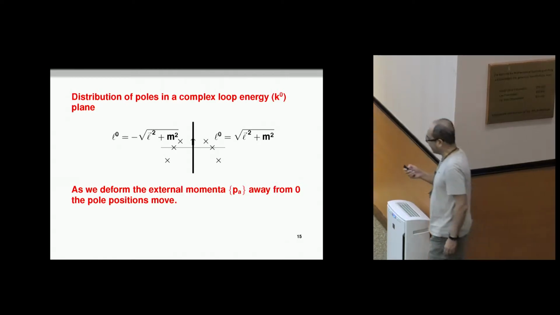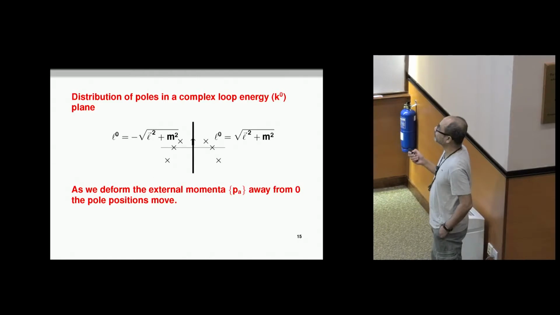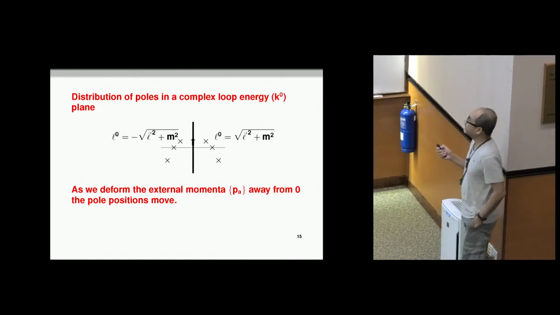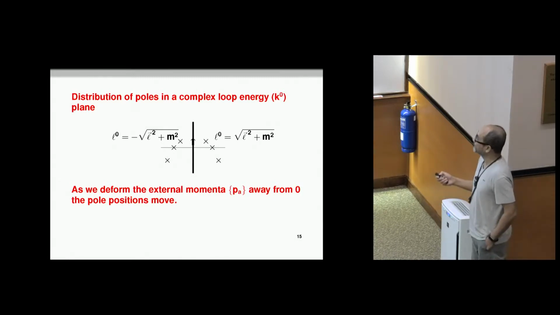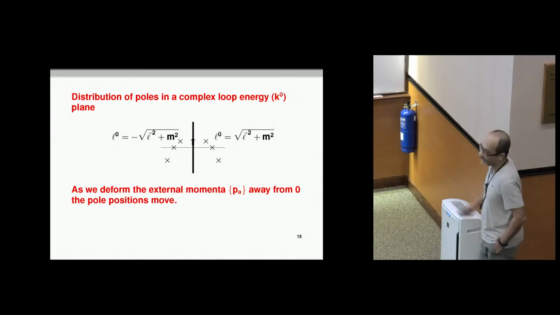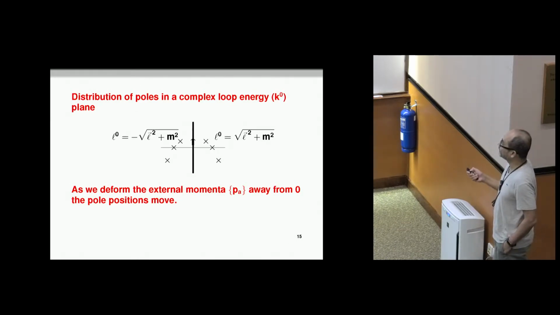Here I have described pictorially the distribution of poles in the complex loop energy plane. Let's focus on one particular loop energy integration. The vertical axis is the imaginary K0, the horizontal axis is the real K0. In the K0 plane, the poles are distributed this way.